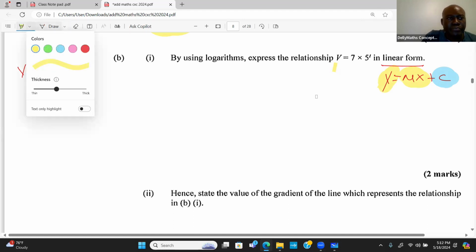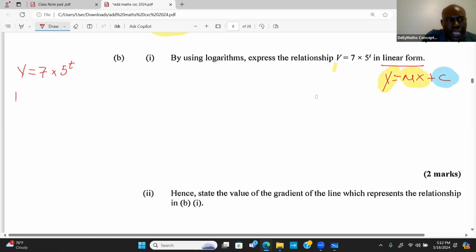All right. So we're logging both sides. So this is going to be the log of v, which is going to equal the log of 7 times 5 to the t. Remember the same rule that when you multiply, it's going to be addition. So basically, I'm going to rewrite this as log v, which is equal to log 7 plus log 5 raised to the t.